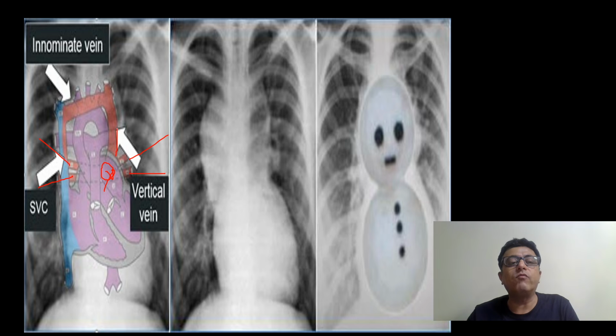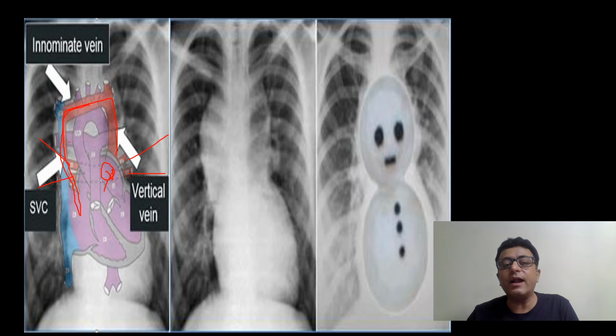This is the vertical vein, which drains into the innominate vein, then ultimately into the SVC and into the RA.